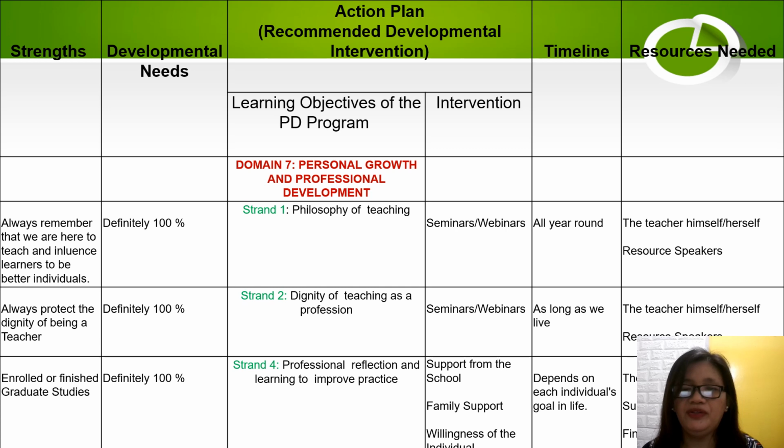In order for you to do this, you need to have the support from the school and family support and willingness of the individual. So the timeline, of course, depends on the individual's goal in life.